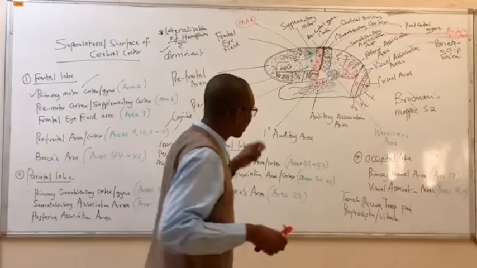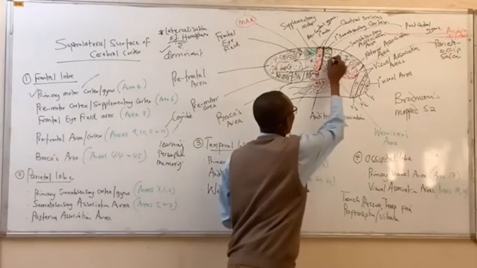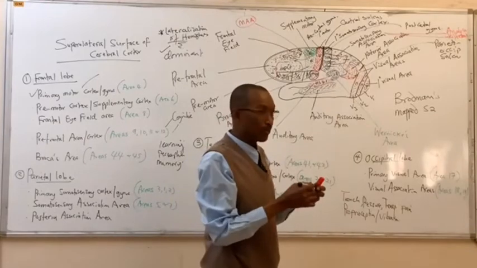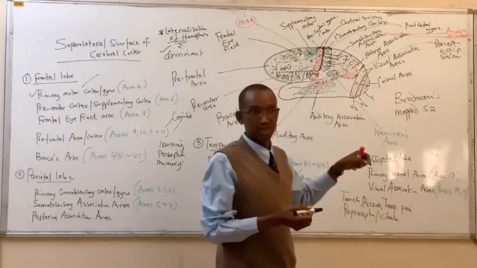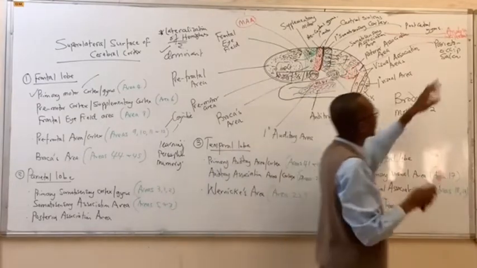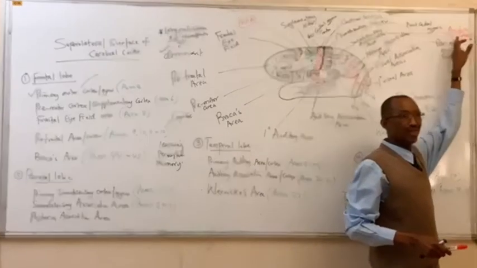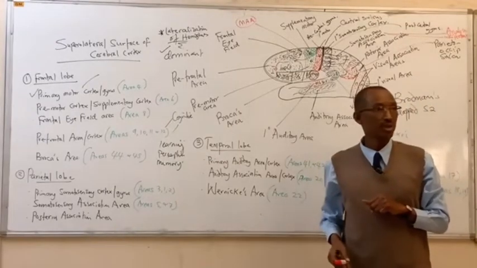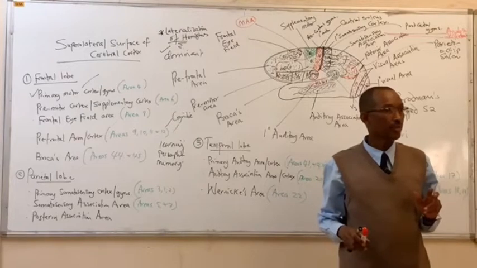After receiving the information, the association fibers reach the somatosensory association areas. This area analyzes the kind of sensation and then finally recognizes the kind of sensation that comes to that side. Are you clear? Good.